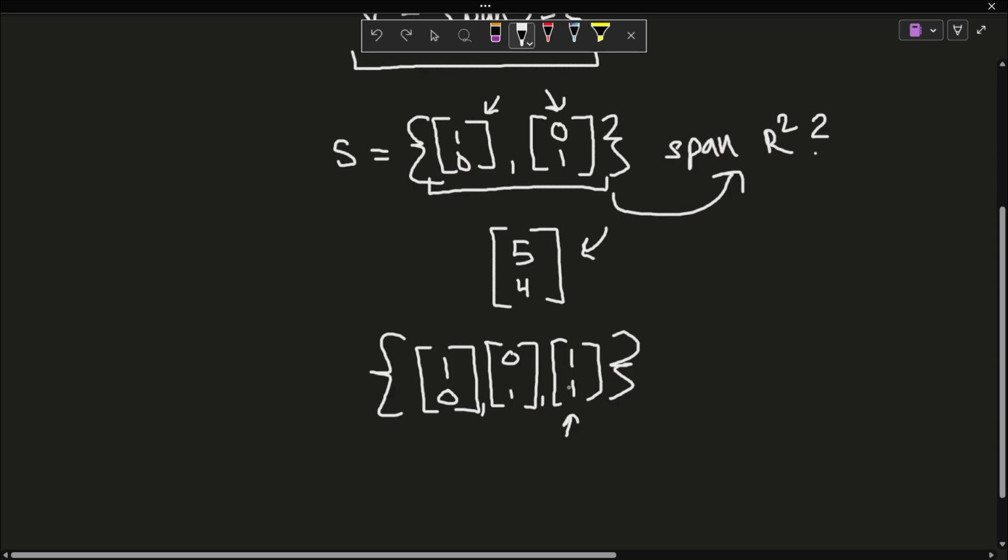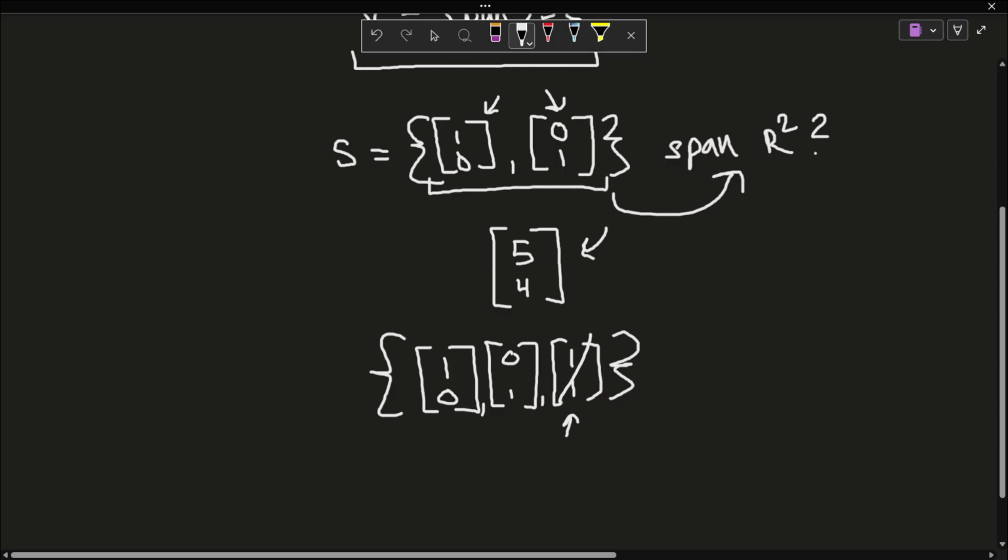So this is unnecessary. And in order to efficiently represent our vector space in terms of our representatives, we don't want any unnecessary vectors. So what if we also require that S be a linearly independent set?